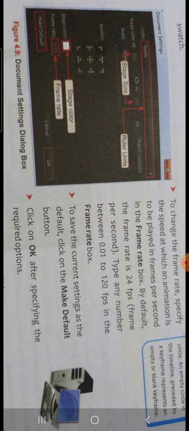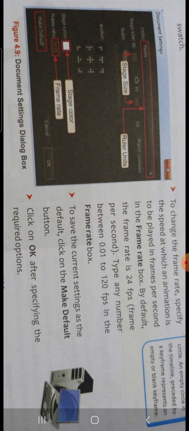And likewise, to change the frame rate, we just specify the speed at which an animation is to be played in frames per second in the frame rate box. By default, the frame rate is 24 fps, that is, frames per second.